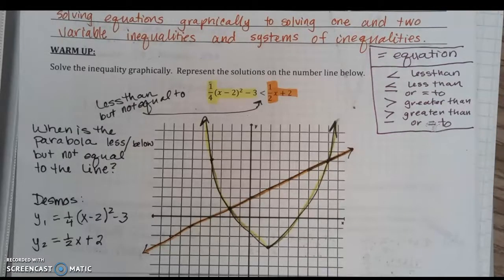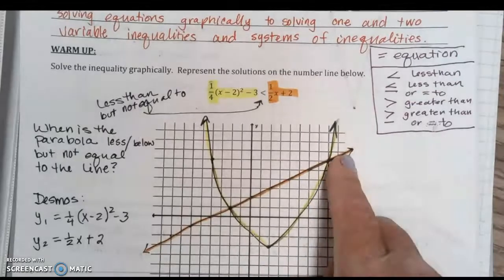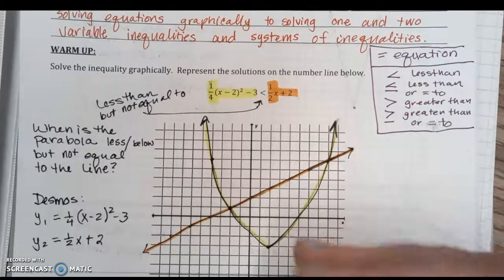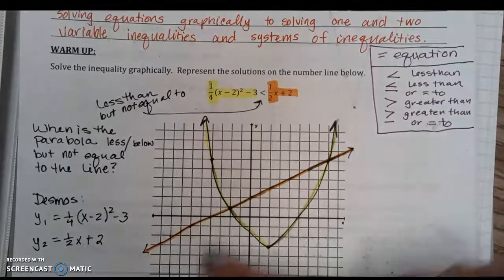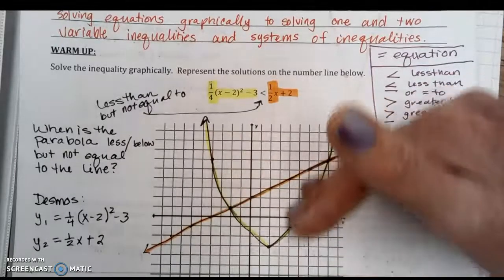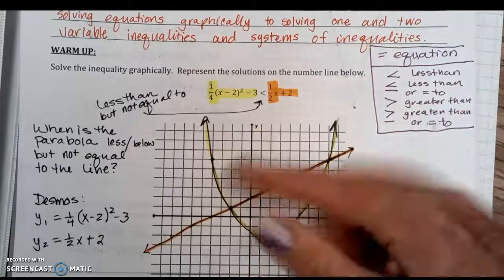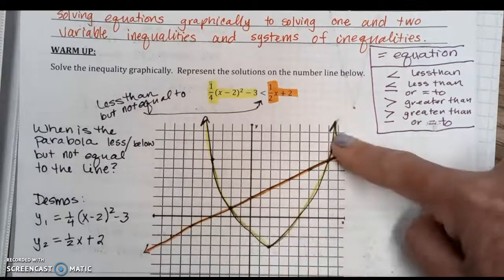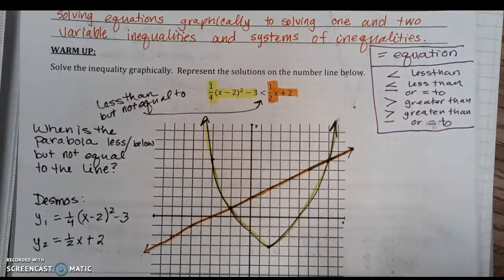Okay, we want to know, when is the parabola less than or below, but not equal to the line? Okay? So here's your parabola. When is it below that orange highlighted line, but not exactly equal to?